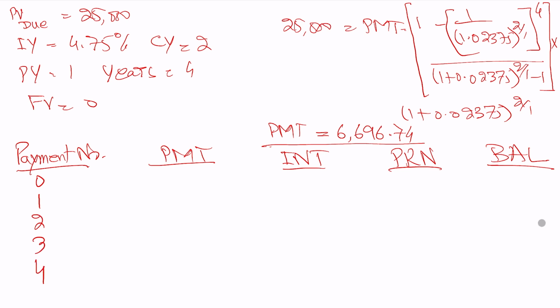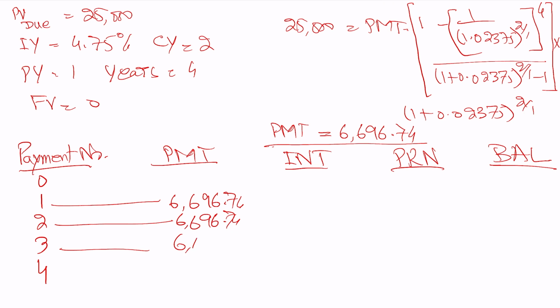The PMT we calculated is for this, not for the 0 period, but for the first: 6,696.74, 6,696.74, and 6,696.74, and this is 6,000.